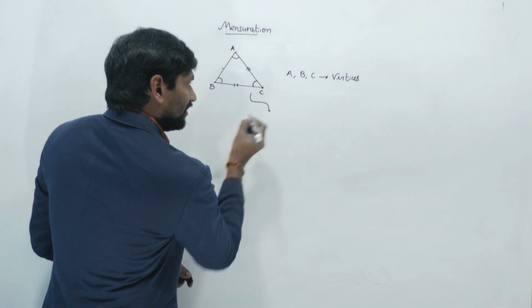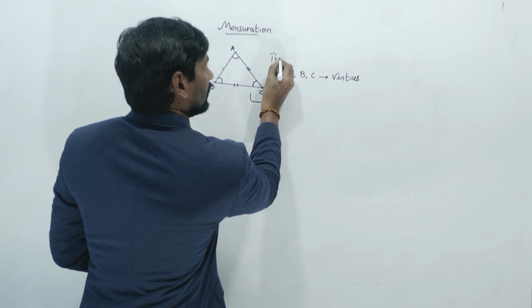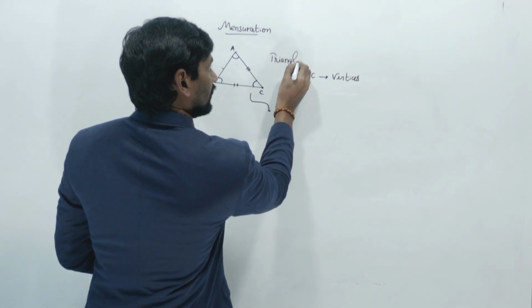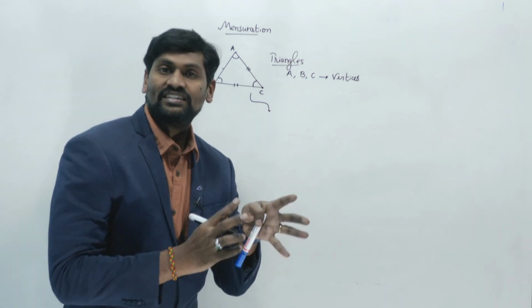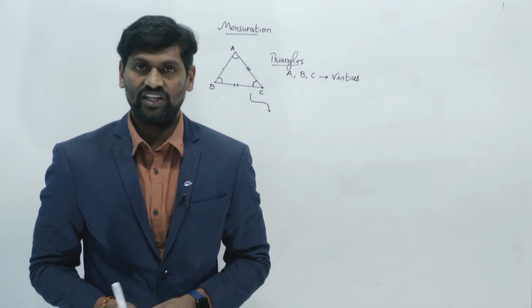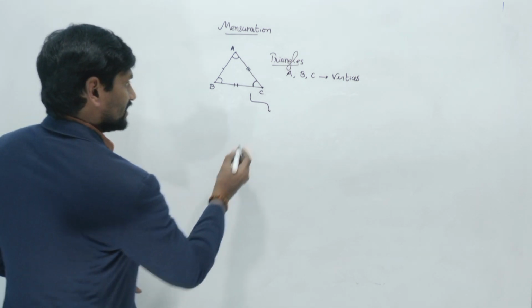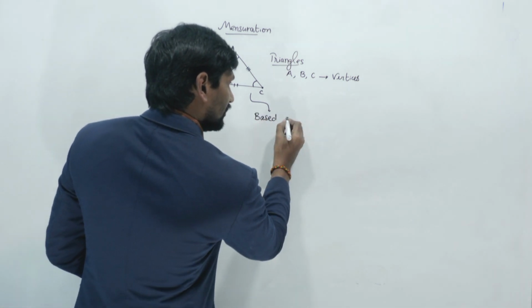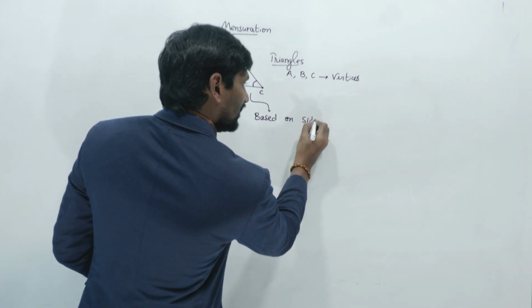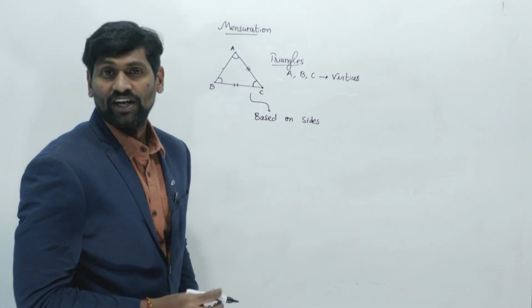The triangle has some types based on the sides and based on the angles. Based on sides, there are three types of triangle.